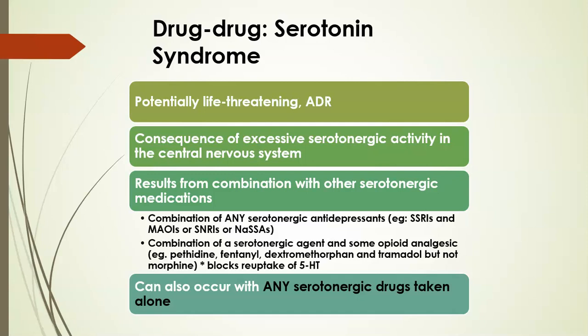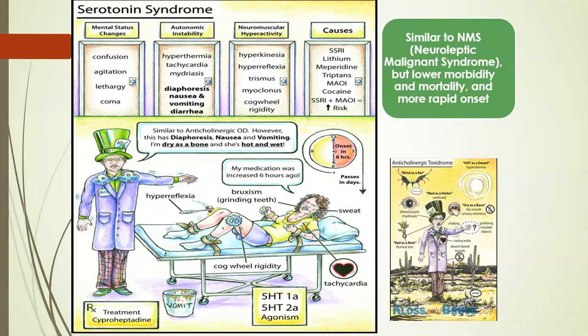However, this interaction is not seen when given together with morphine, although it's seen with tramadol. So it's not all opioids, but some opioids. On top of this, it can also occur with any serotonergic drug taken alone, but the chances are lower compared to giving two drugs that are enhancing serotonergic actions.